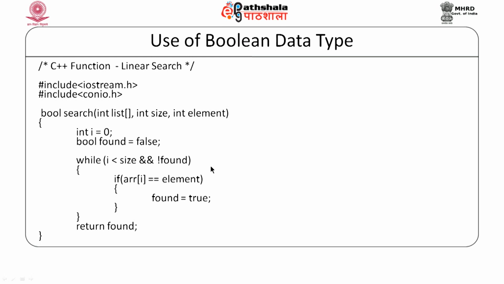So, actually the termination conditions for this while loop are two. First, if the array index reaches the end of the array, we should stop, or if we find the element in between, then also we should stop. So, for this purpose a bool variable is very useful. We can set it initially to false, not false, we would make it true. So, in the while loop we have two conditions.